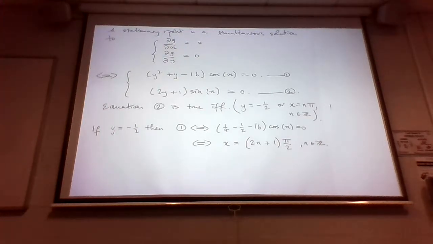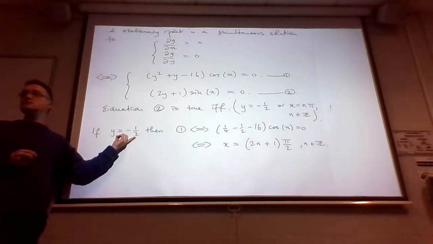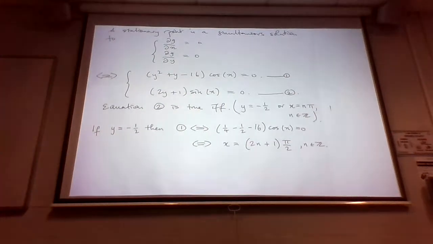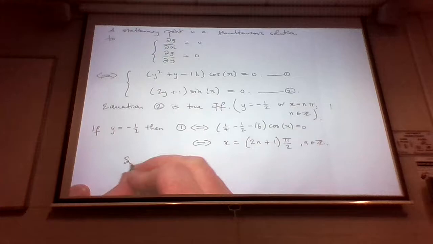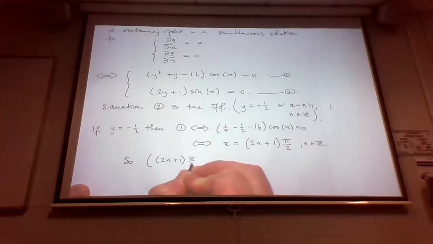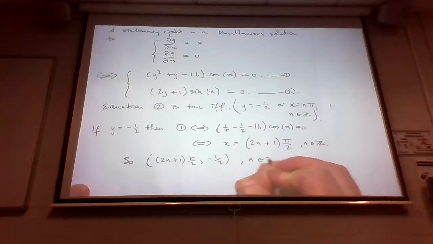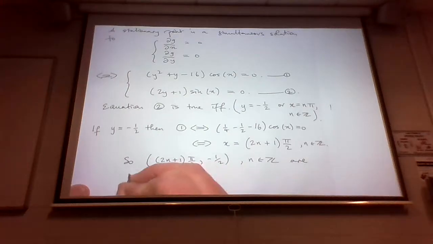So that means we found a bunch of stationary points. Any point with this x-coordinate and y equals minus a half is going to be a stationary point. So 2n plus 1 times pi over 2 and y equals minus a half, for any integer value of n, are all stationary points.